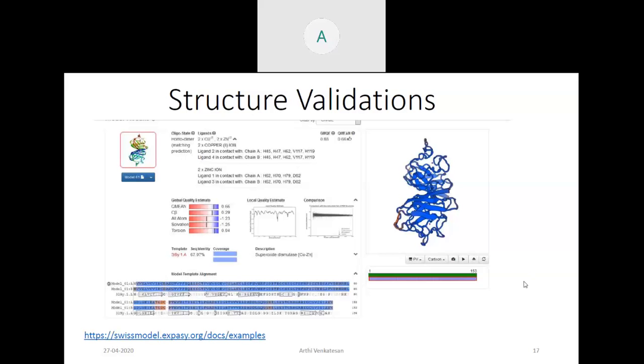But if it is 67.9%, you can redo the homology modeling and have a better model. Superimposition I didn't mention here, probably I'll mention in the next class, and you can find out the QMEAN also.